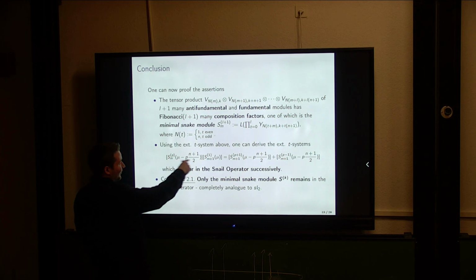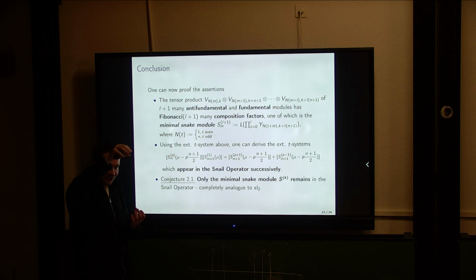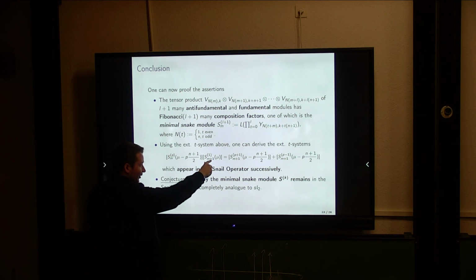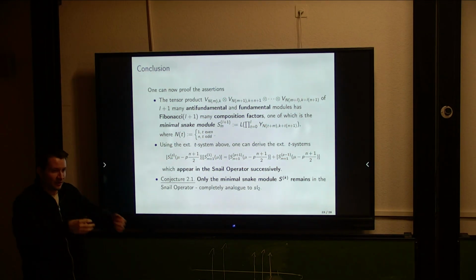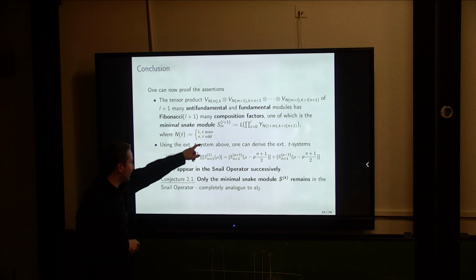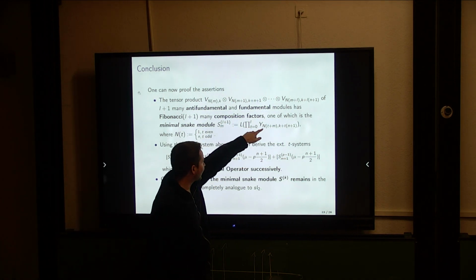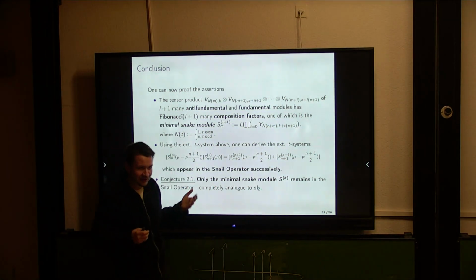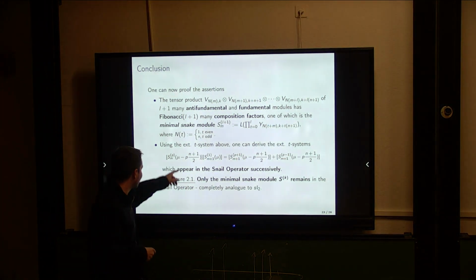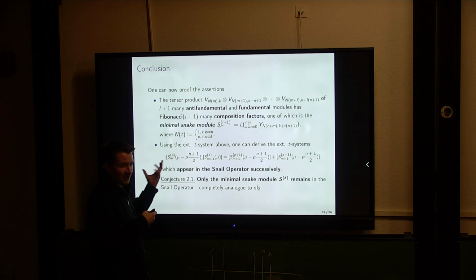S_P times S_1, which is an additional line in the snail operator, either fundamental or anti-fundamental, depends on M. So M is just an additional index that I put in, and you see N of T plus M, and this big N is just 1 if T is even and N if T is odd. So I just put it in to have either a fundamental or anti-fundamental line that I concatenate.